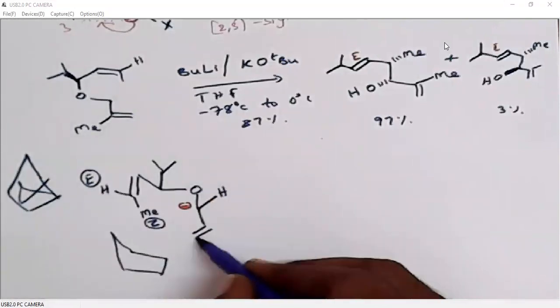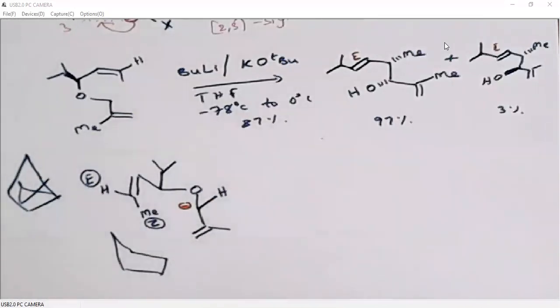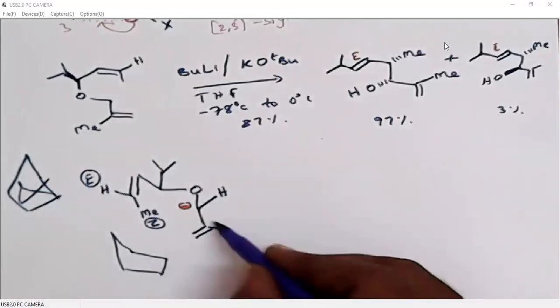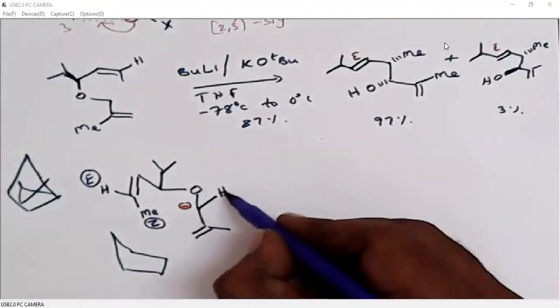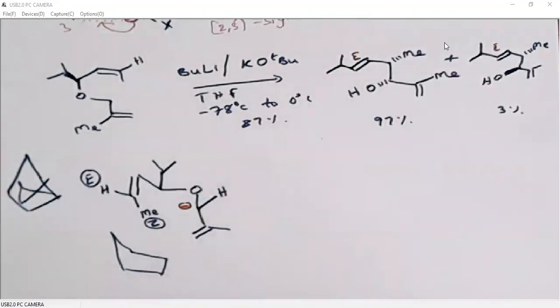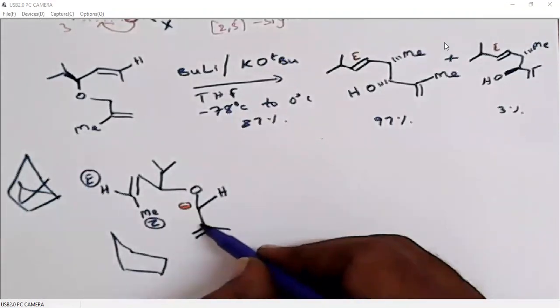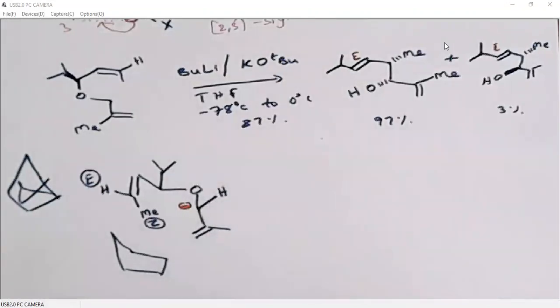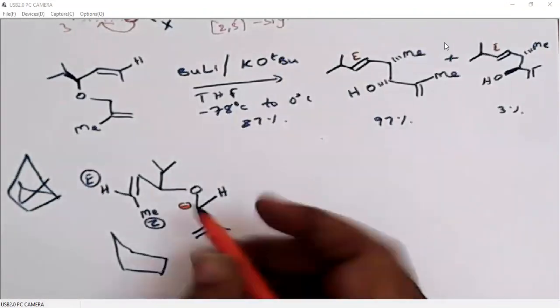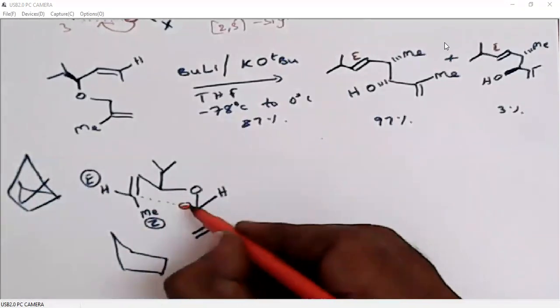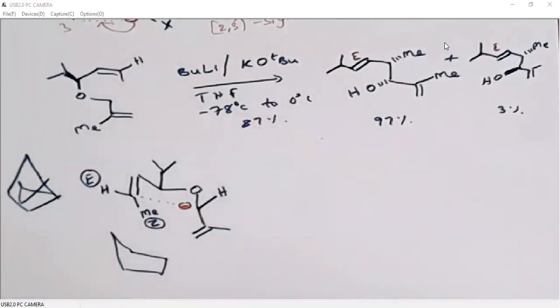If this alkyl group is just an alkyl carbon moiety, then we will place this below the plane, hydrogen above the plane. So when we draw a straight line from here to here, you can visualize that it is an envelope conformation, right? I think I'll rewrite it.